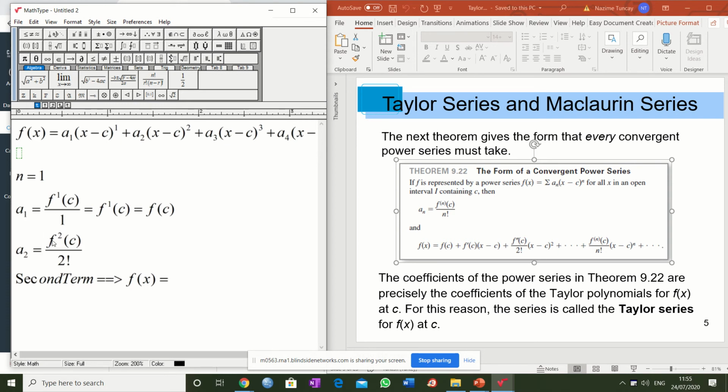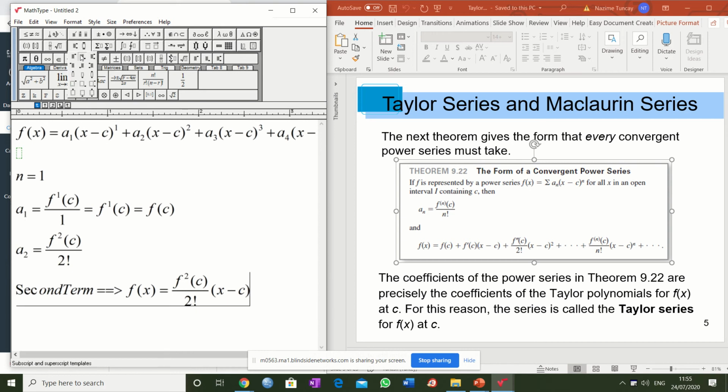This is the second term, a2. This is the second term, this one. Then multiply by this one. Multiply by x minus c, yes, x minus c to the power 2. By the way, this expression is important here.